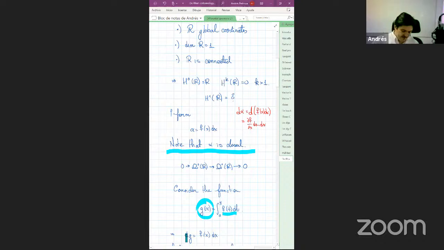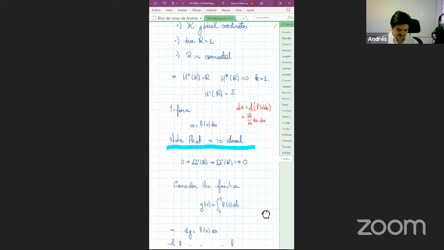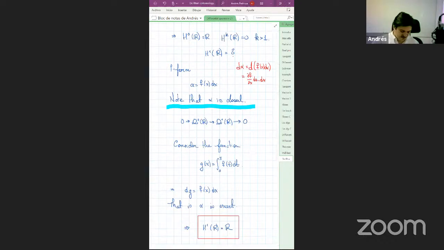That means that the differential of the function is the one form alpha. Thus, any closed one form is also exact. Right? So first, any one form in the reals is closed, and we just argued that any closed form is exact. So the quotient is trivial. That means that the answer is 0.